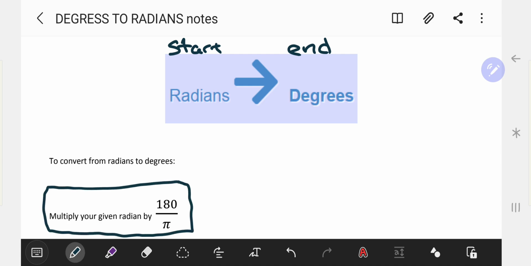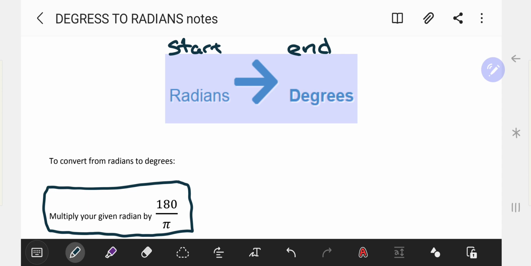So kind of similar, except the numerator and denominator swap places, okay? So when we want to convert from radians to degrees, we multiply our given radian by 180 over pi. And again, we're going to do a couple of examples in just a sec.